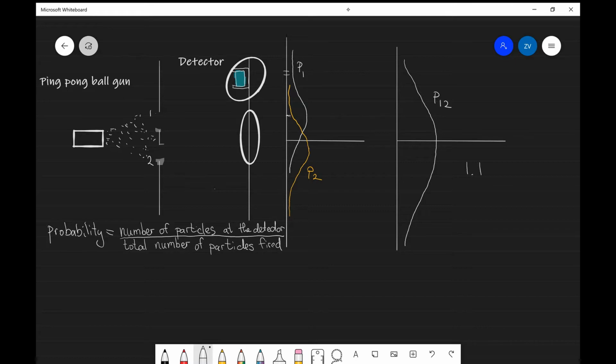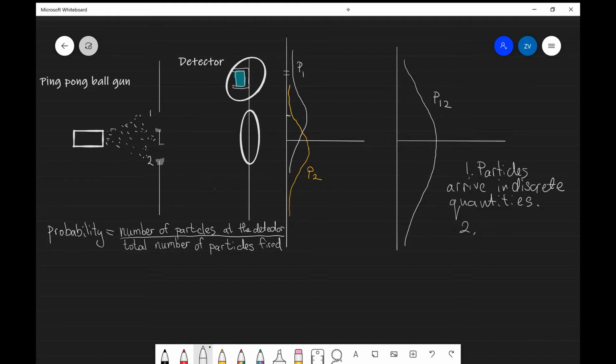So we can write this as particles arrive in discrete quantities, assuming of course that the particles are indestructible in this case, or our ping pong ball gun is not powerful enough to actually break any of them.